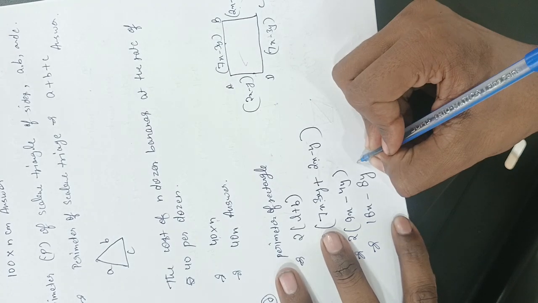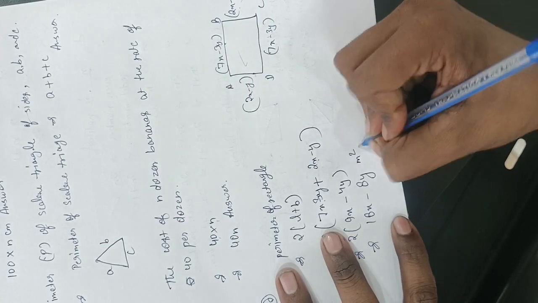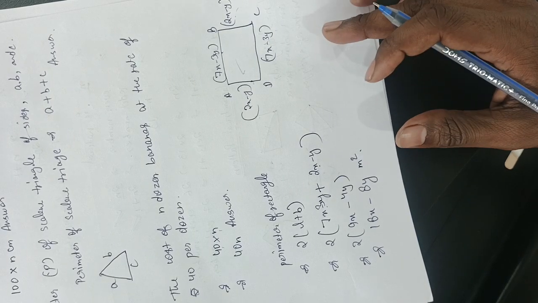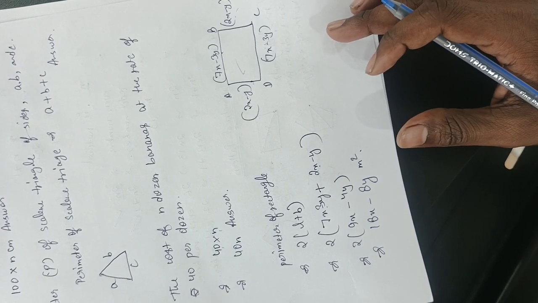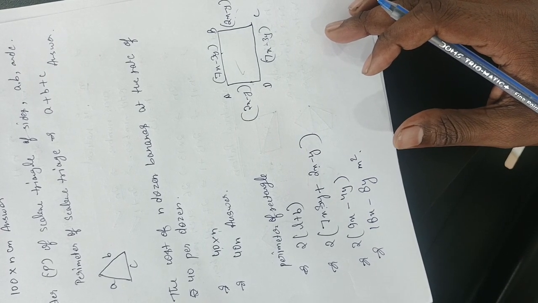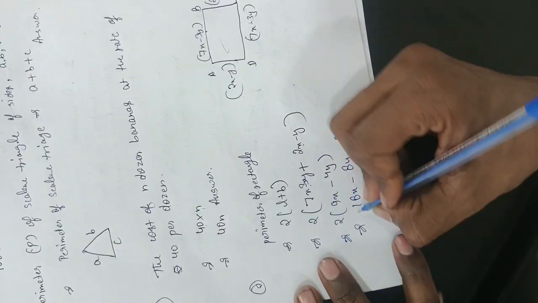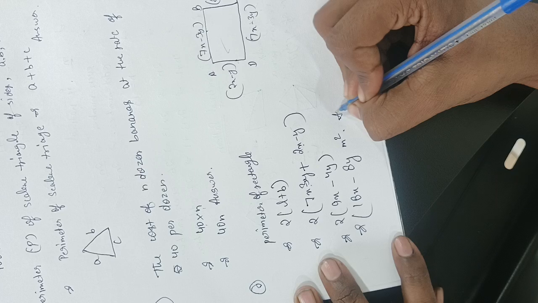Every unit is in meters, so it will be meter square. 18x minus 8y meter square, this will be your answer.